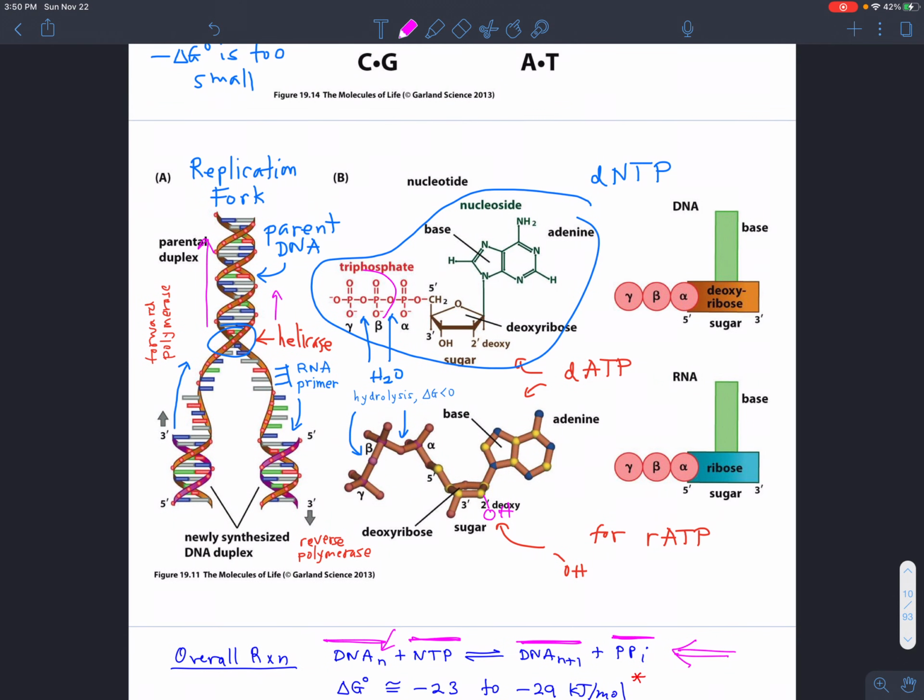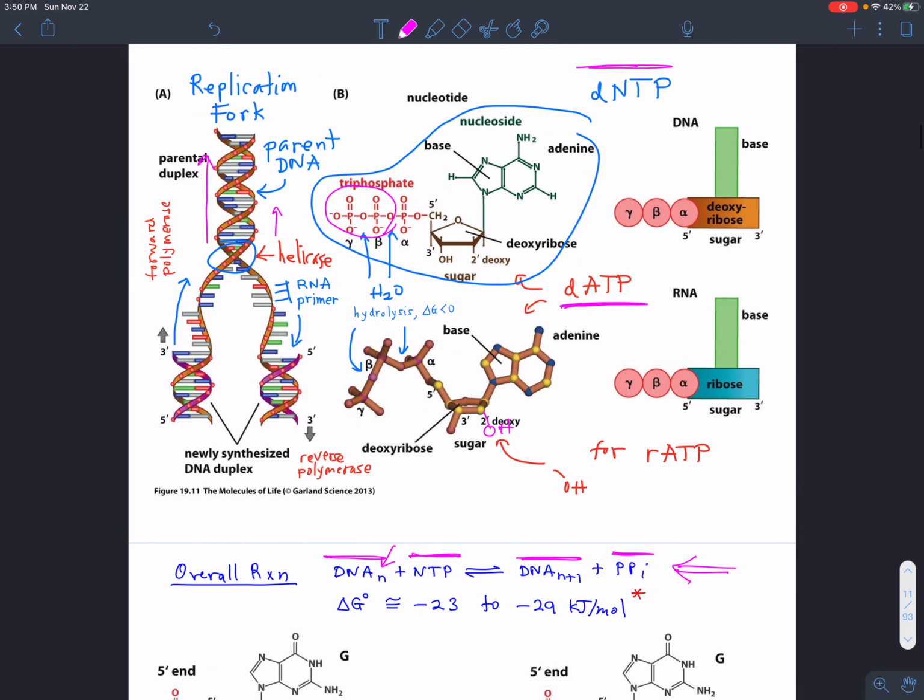Again, the pyrophosphate is these last 2 phosphates. This is deoxy ATP. The ATP that you're used to talking about, the thing that fuels every other machine in the cell, that's ribo ATP. So it does have the OH group here.